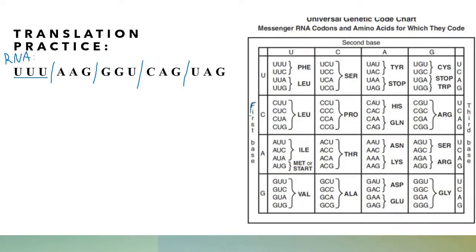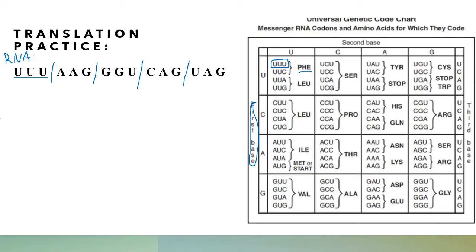You can take the first base, the first letter, and start there. But honestly, you can just look for it, and that's okay. So we're going to look for the letters U, U, U. All right, U, U, U is right here up top left. We're going to write down what it makes. And sometimes there might be more than one RNA sequence that makes the same thing, and that's okay.